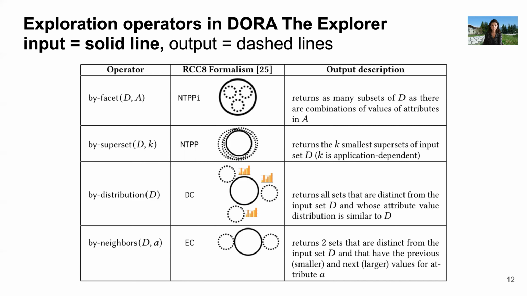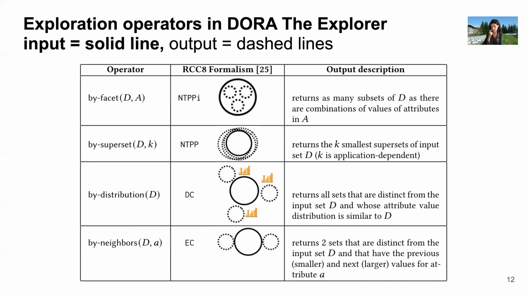And by neighbors, which is heavily used by our colleagues, takes an input set of galaxies and returns two outputs here in dashed lines: the previous smaller value for some attribute, and the next larger.